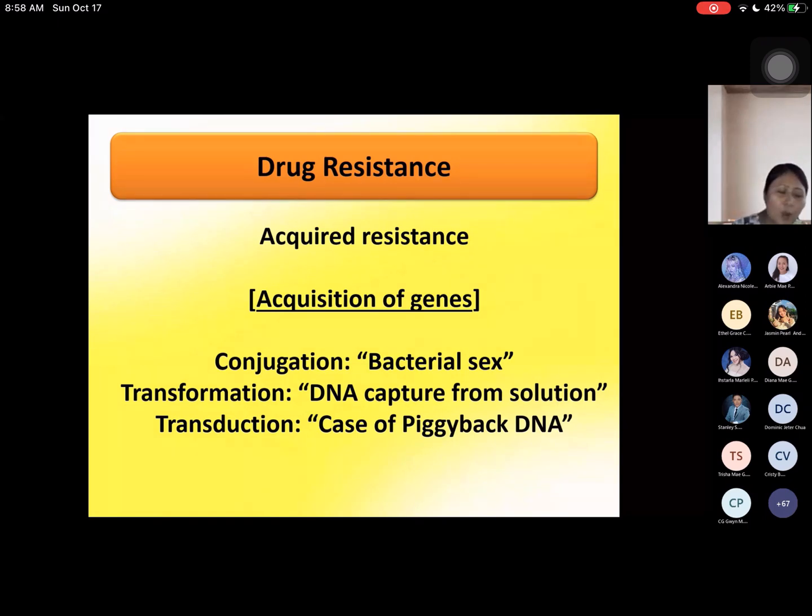Next, we have the B-lactamases. The B-lactamases are enzymes that destroy the B-lactam ring.